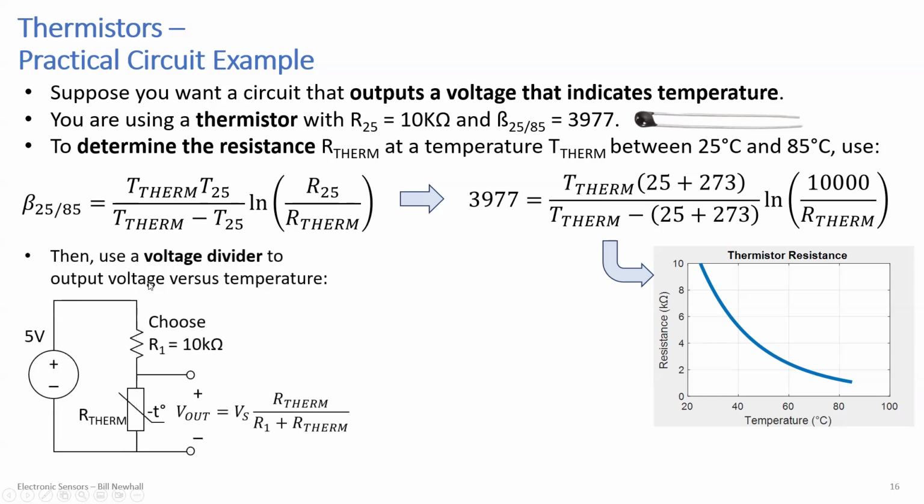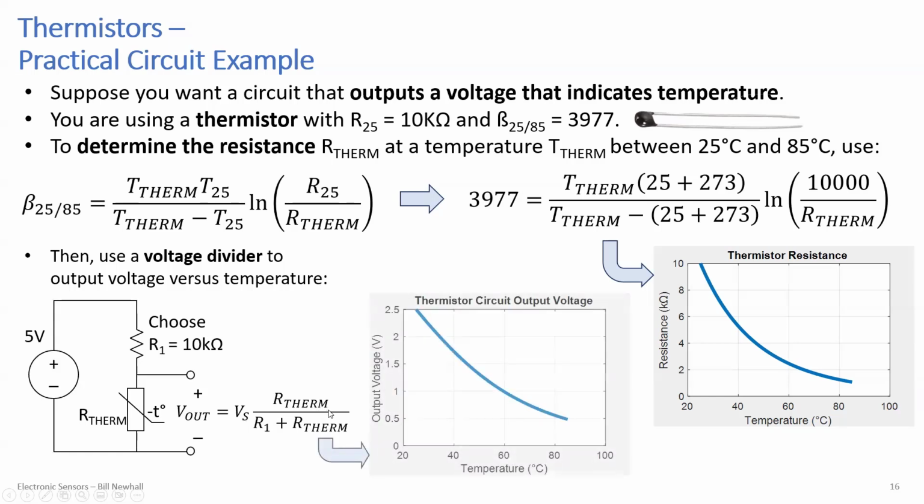So you can use a voltage divider to output that voltage versus temperature as I just showed. Here it is here. That's how you would calculate it. All right. So if you plot now, not resistance, but the output voltage of the circuit versus temperature, you'd have this voltage. So that's a well-behaved voltage.